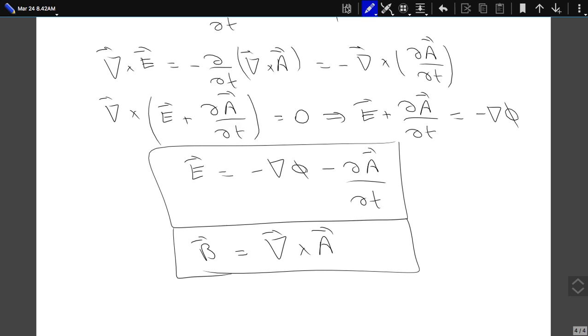Now, our purpose in the next couple of days will be to find some equations that these A and phi fields satisfy, so that afterwards we will be able to derive the potentials corresponding to a point charge. And once we have the potentials for a point charge, whatever charge distribution we have, we can write it as a sum of point charges.